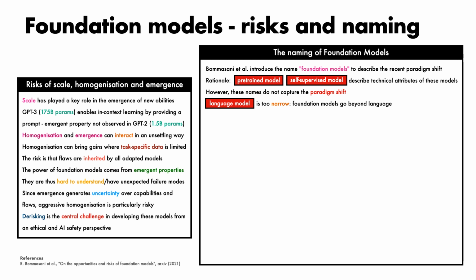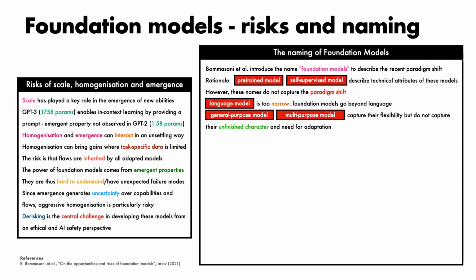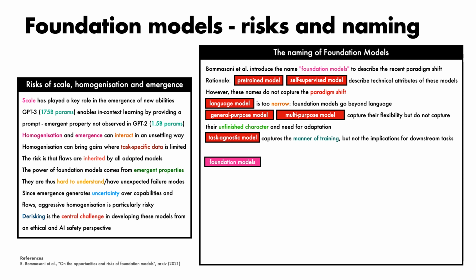Names such as general purpose model and multi-purpose model capture the flexibility but do not capture the unfinished nature and need for adaptation, while task agnostic model captures the manner of training but not the implications for downstream tasks. For these reasons, the term foundation models is chosen to describe the emerging paradigm.